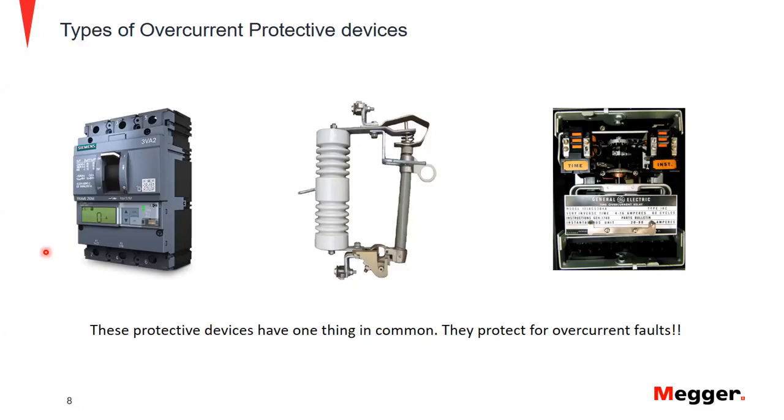We have a few arc chutes and other ways that it's made internally, but we're not going to go over those. But it is a trip-free device, which is nice to know, because you can't simply hold the handle and prevent it from tripping, like I've seen people do with some lockout relays years ago. The next device is a fuse.